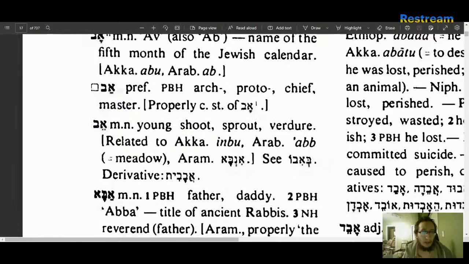Then Hebrew also has a young shoot, a sprout, or verdure. It's spelled the same, Aleph Bet, but the Akkadian word is spelled with a nun. Now we're going to see throughout, very common in Hebrew and Akkadian, where the letter nun gets dropped out due to pronunciation issues. So Akkadian basically has the same word, but it's spelled with an extra letter, A-N-B, or Aleph Nun Bet.